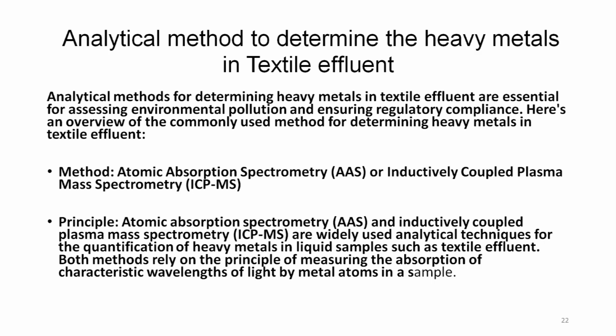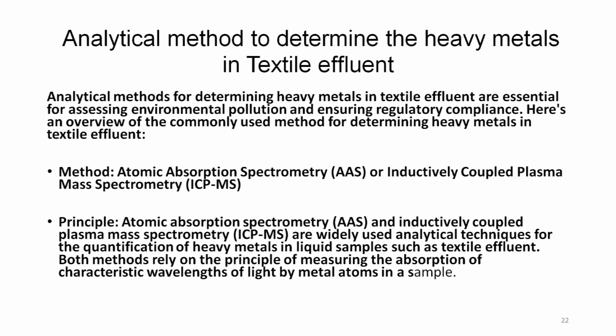The first method is with the help of atomic absorption spectrometry, that is AAS. The other method is inductively coupled plasma mass spectrometry, which is ICP-MS. AAS and ICP-MS are widely used analytical techniques for quantification of heavy metals in liquid samples such as textile effluent.